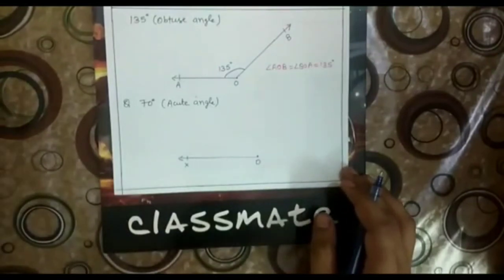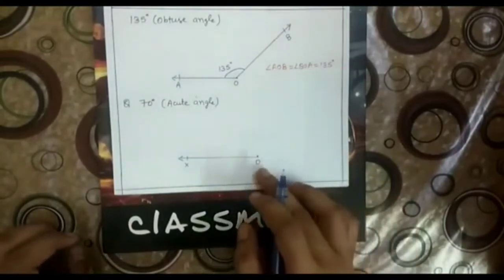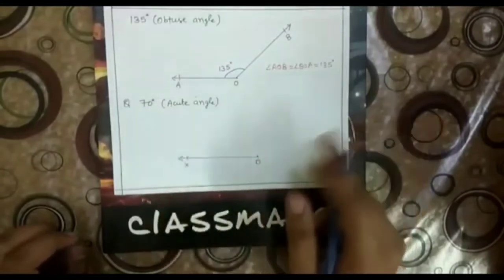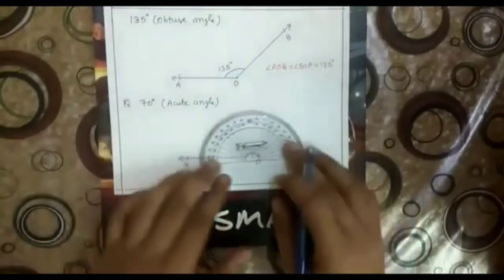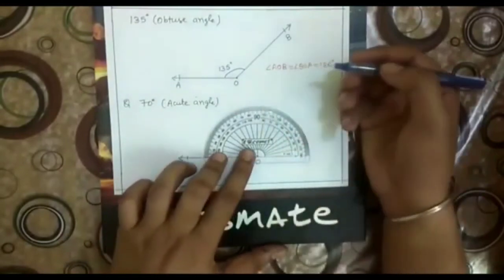Now use your protractor, and as you know 70 degree is an acute angle, it will lie inside the baseline, not outside.